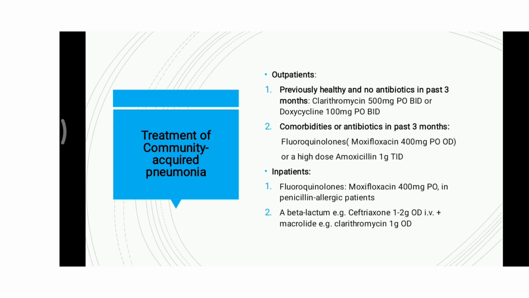And also a beta-lactam antibiotic like ceftriaxone, which is 1 to 2 gram once a day IV, plus a macrolide is given, which is clarithromycin 1 gram once a day. So this is the treatment plan which we use in case of community acquired pneumonia patients of both outpatients as well as inpatients.